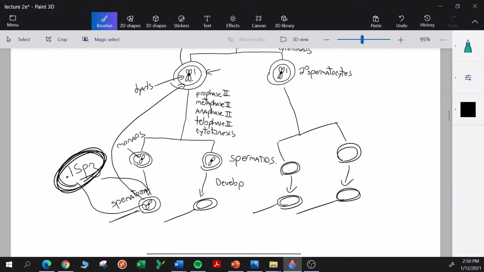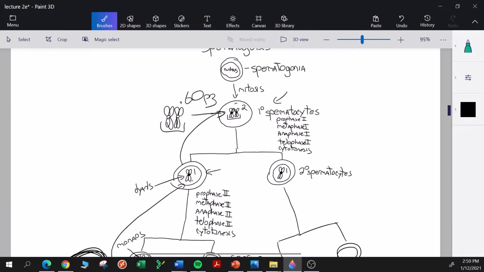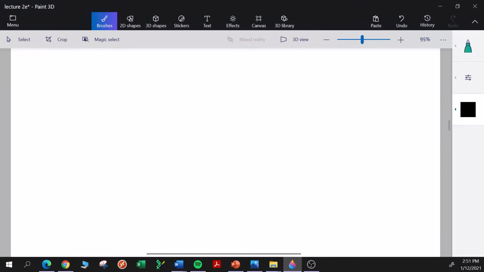And you can see, look right here, it's a little hard to see, but this little monad right here represents all the DNA in that spermatozoon. Well, up here, we've got 4 of those, but it's represented as 2 dyads. Okay, so that's an overview of spermatogenesis.